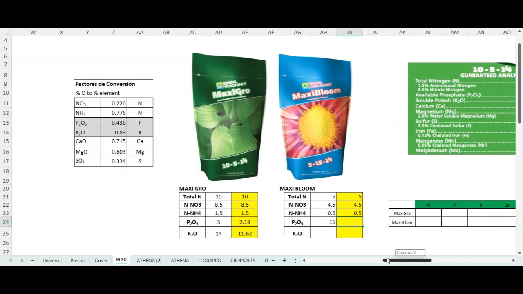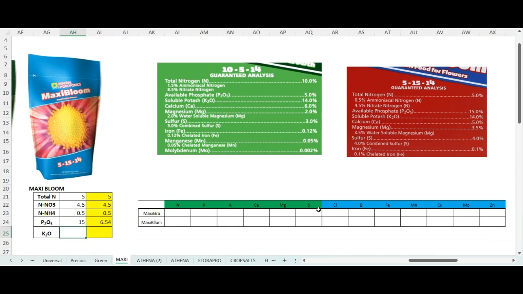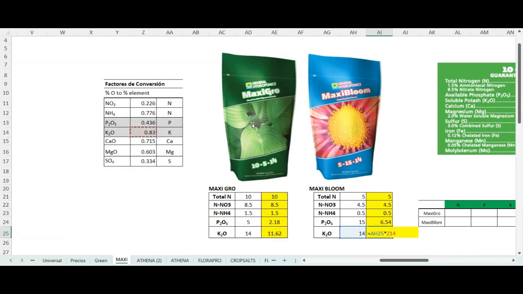This will be 15 times 0.436, and then for the potassium, for the potash, we have 14%, then we multiply 14 times the conversion factor, and then we have this in the yellow column.